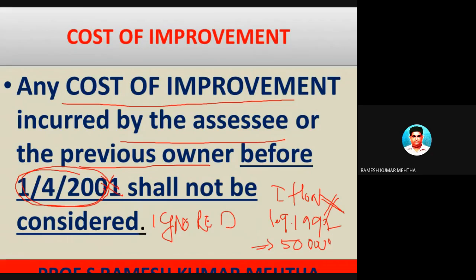Simple understanding. Any cost of improvement incurred before 1/4/2001, ignore it, whether it is by the previous owner or by the assessee. Even if it is given in the problem, don't look at that, because it will be converted into the market price or fair market value of that particular asset on 1/4/2001. So hope you have understood it.